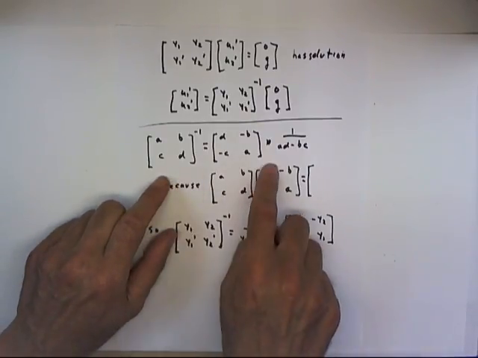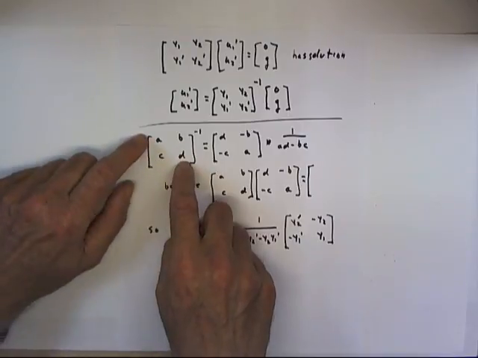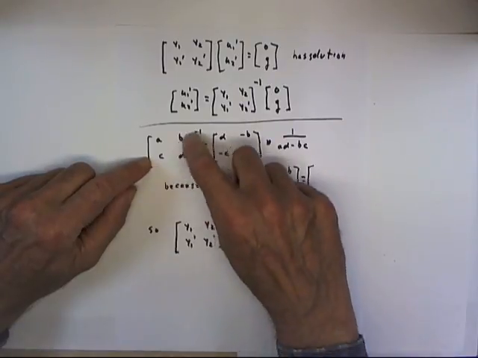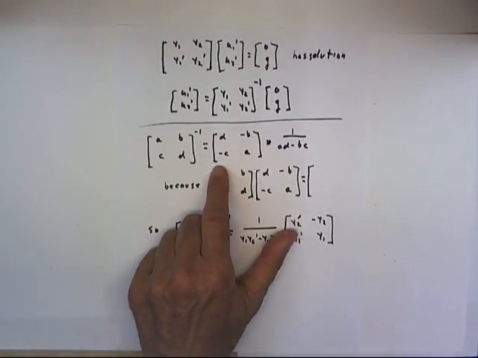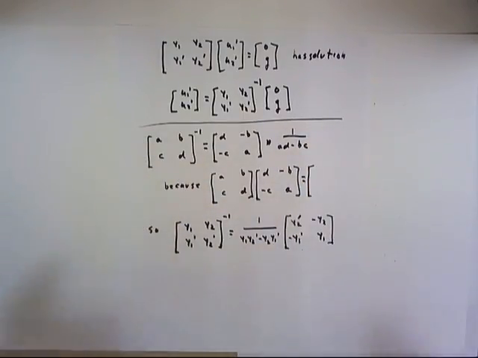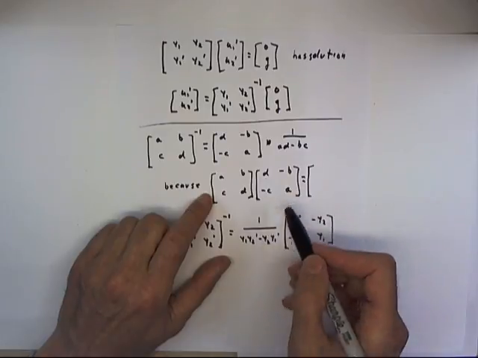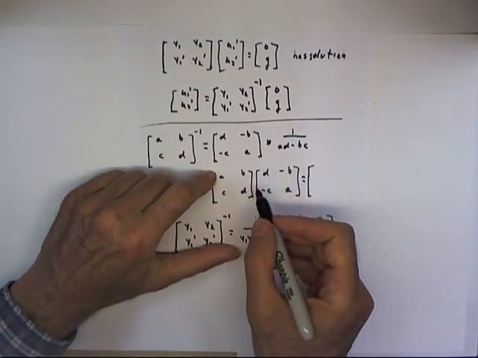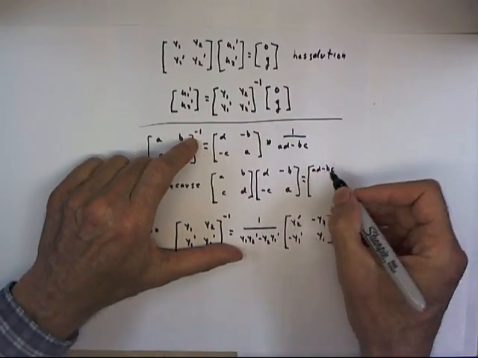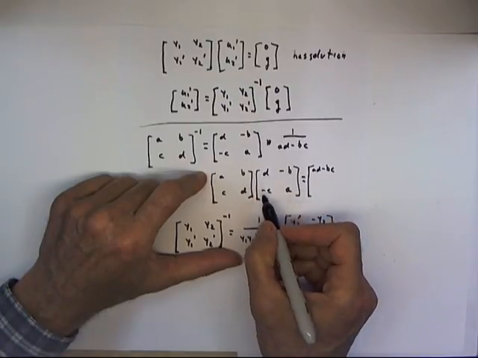So again, to invert a 2 by 2 matrix, we switch A and D, we change the signs of C and B. We switch the main diagonal, we change the signs on the secondary diagonal, and multiply by the reciprocal of the determinant. Now that works. It works because why? Well, if we multiply A, B, C, D by D, negative B, negative C, A, what do we get? We get AD and B times minus C. So we get AD minus BC from multiplying the first row by the first column.